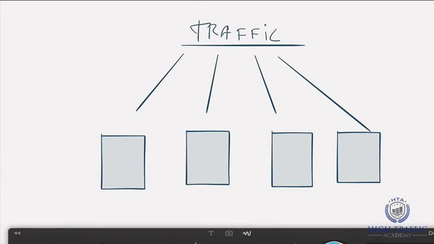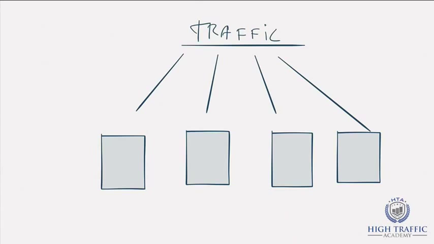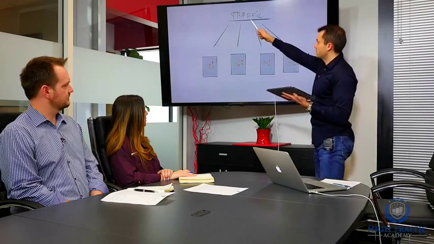How do I know, if this page, for example, converts at 18%, and this converts at 32%, this converts at 70%, and this converts at 40%? How do I split test if I have traffic from this traffic source?